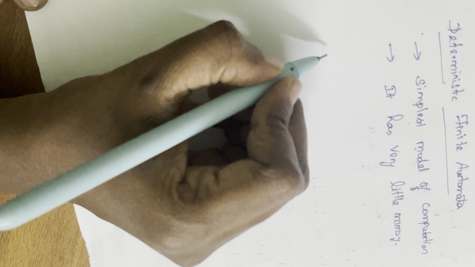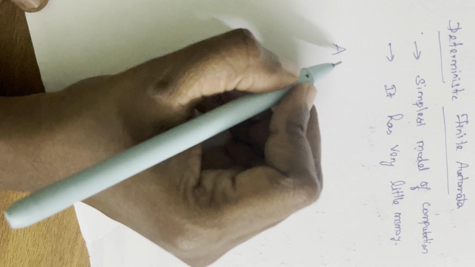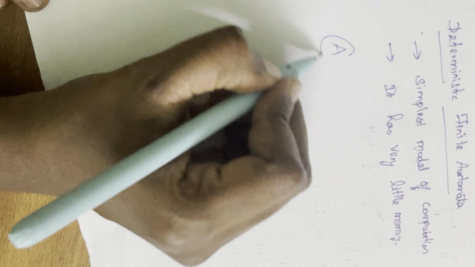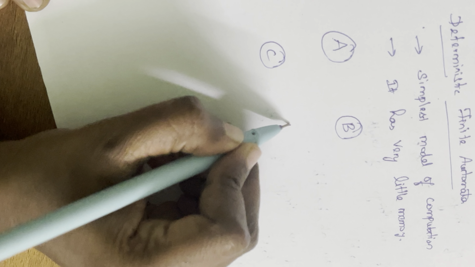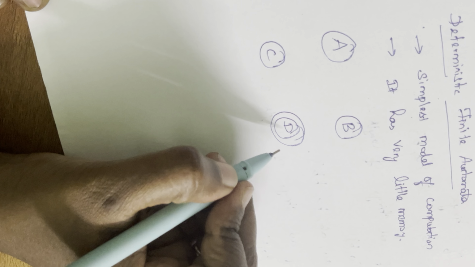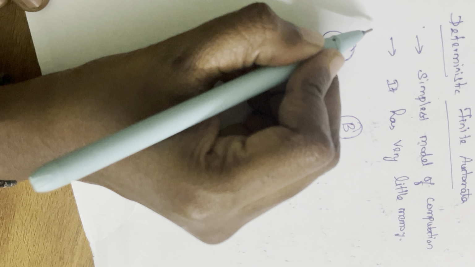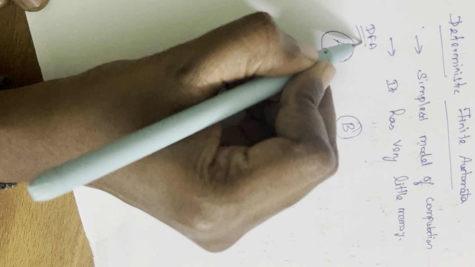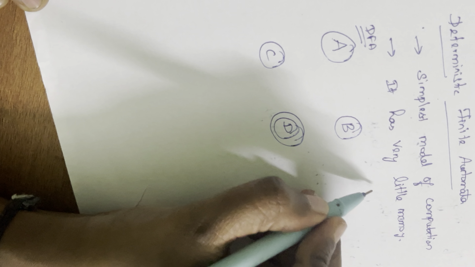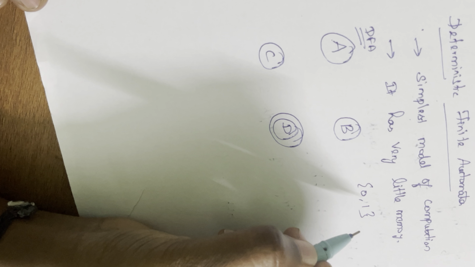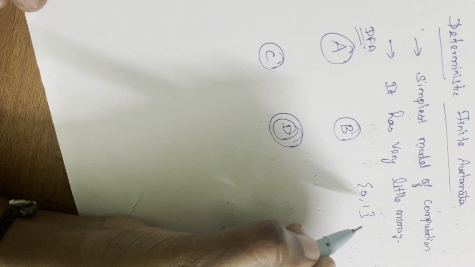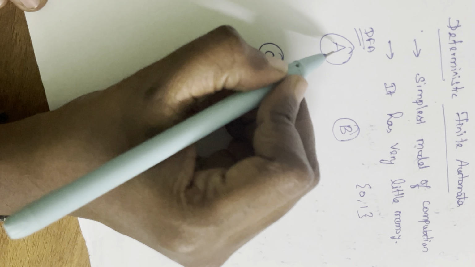For the DFA diagram, say for example I am considering four states: A, B, C and D, with input values 0 and 1. Make sure all inputs are mapped for every state.